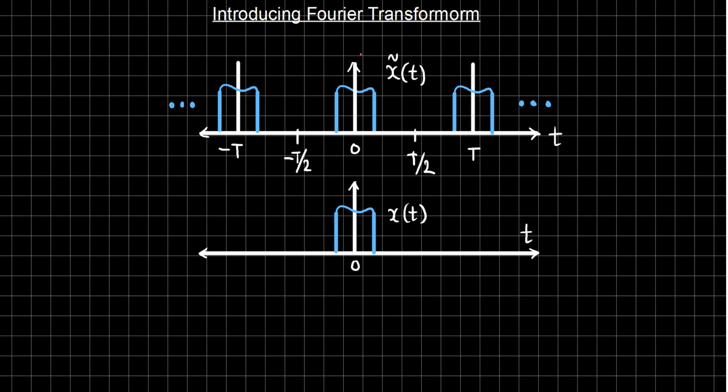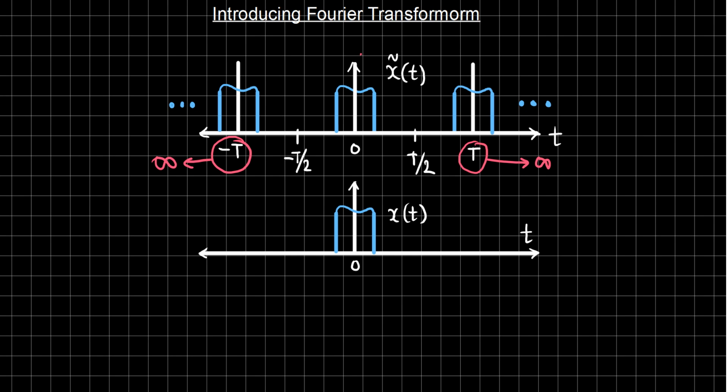What I mean to say here is that, suppose I have a signal x tilde of t which is periodic with the period of capital T, then we can obtain the aperiodic signal if we make this capital T tend towards infinity.